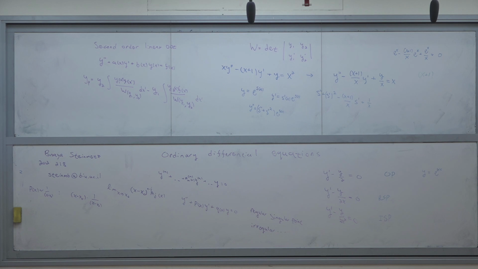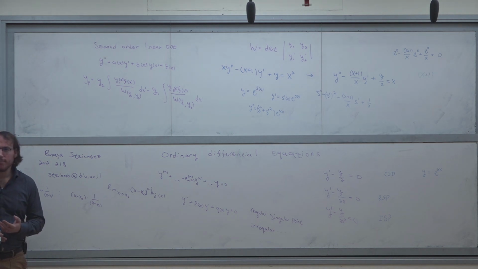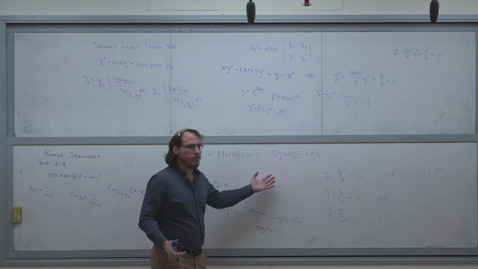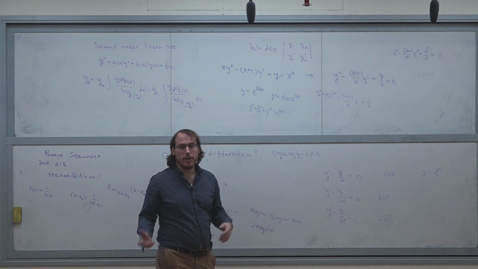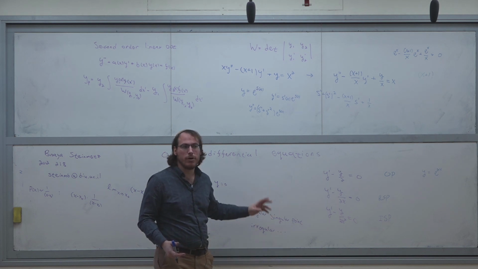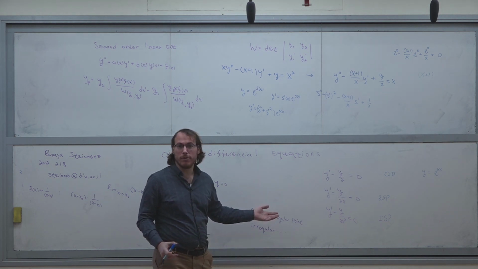But there is another point here, which is that we may ask what happens at infinity. Okay, so does any of them diverge at infinity? Is infinity an ordinary point, a regular point, or an irregular point?